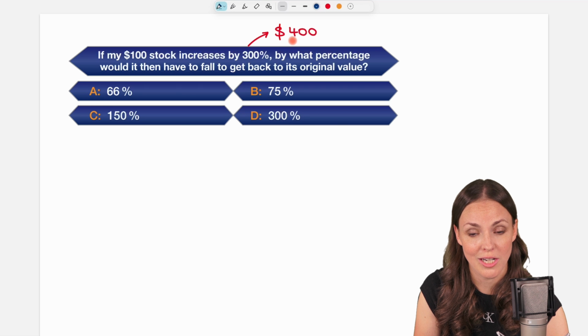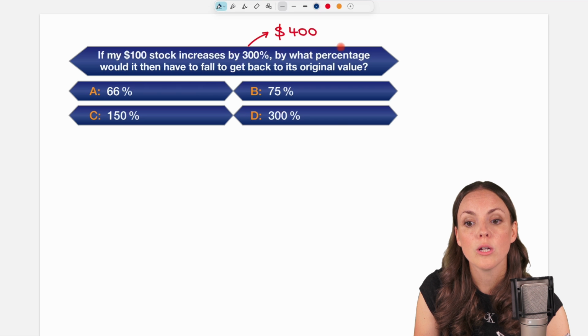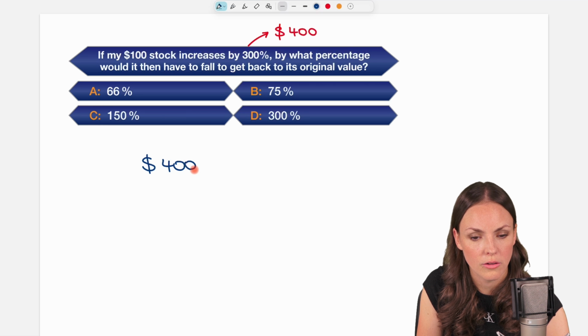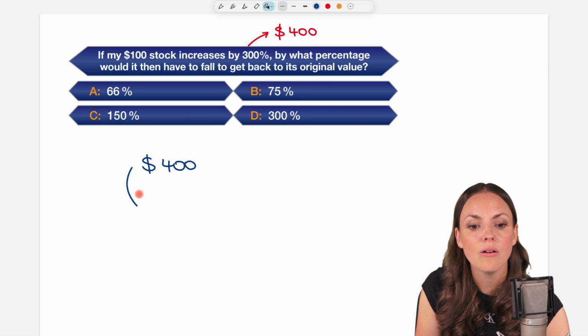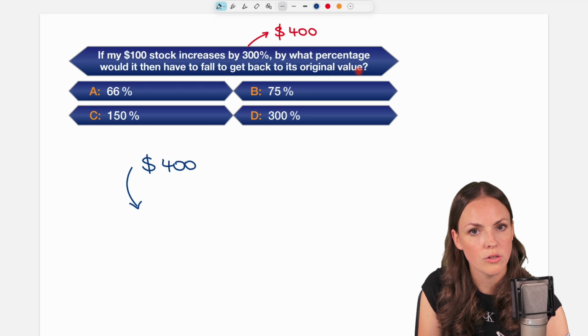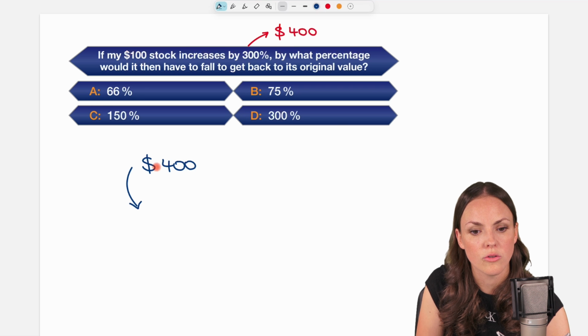Now the question is, by what percentage would it then have to fall to get back to its original value? So now I have my $400, and now I want to get back to its original value, which was $100.